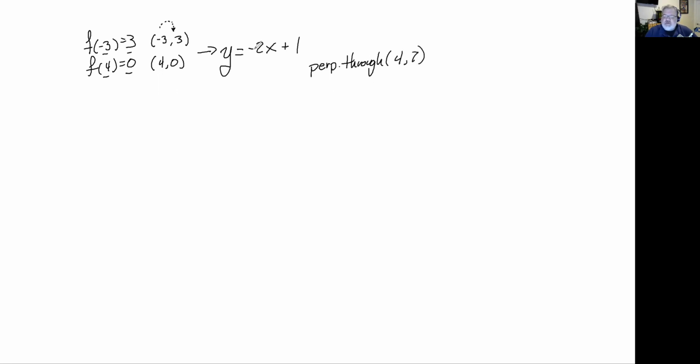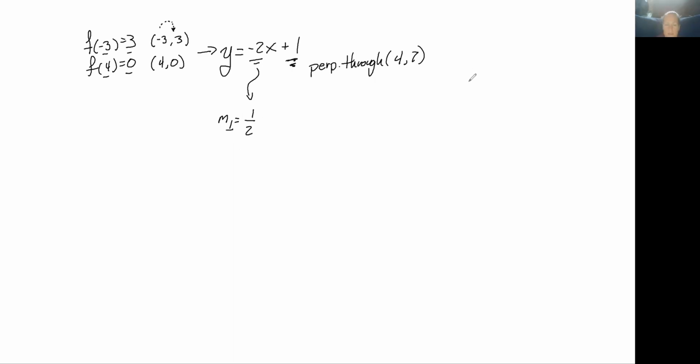Why not? So lots of you did very appropriately take that -2 and turn it into its opposite reciprocal. So you changed it from a negative to a positive and flipped it for the slope of that perpendicular. But there was a lot of trouble properly coming up with what the new constant was.